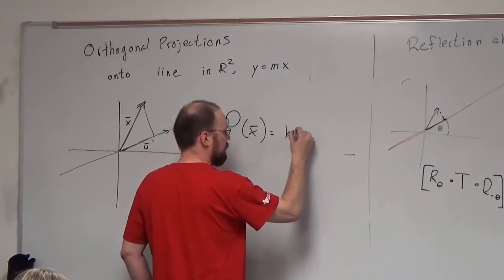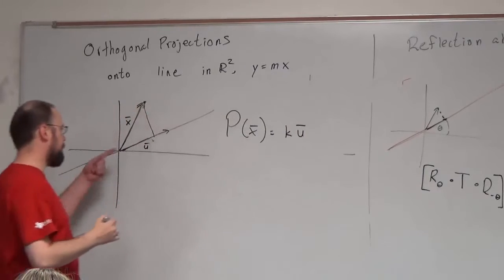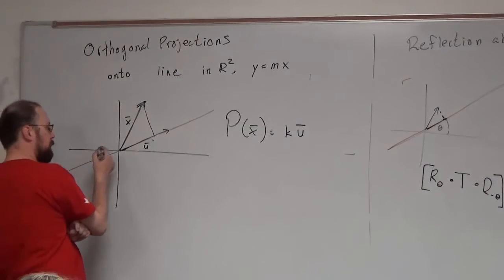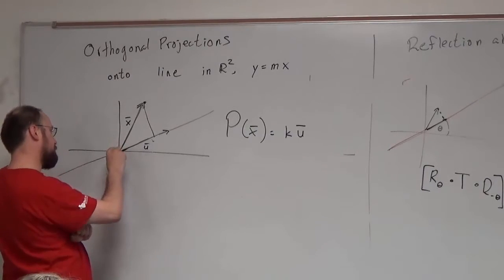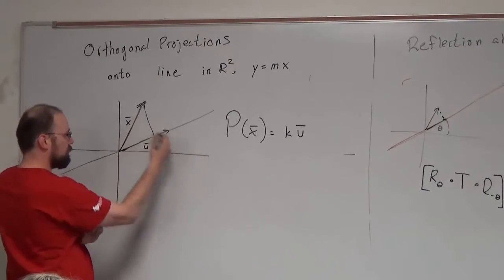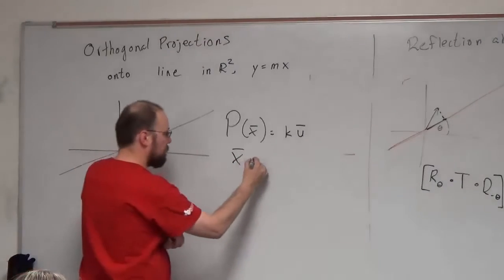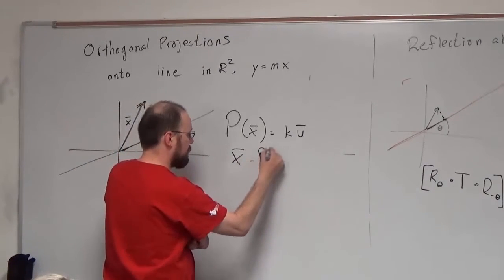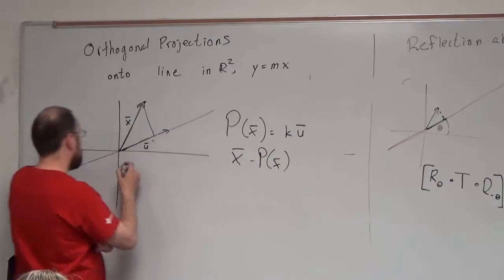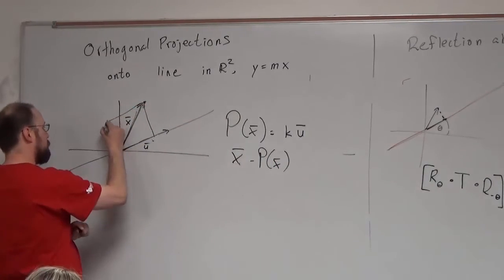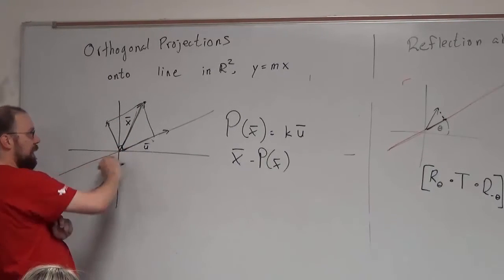It's going to be a multiple of the vector on the line. And it's orthogonal because if you take x minus this projection, the result has to be a vector which is orthogonal to the line.